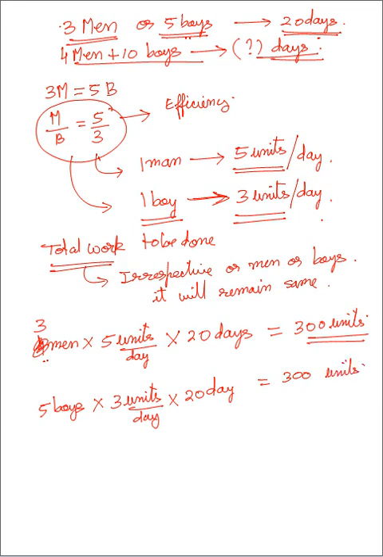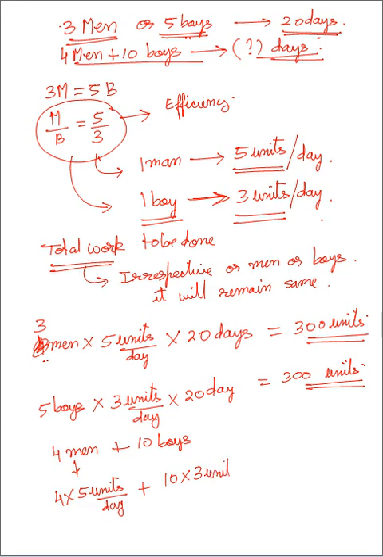Now the question is 4 men plus 10 boys. Now 4 men means 4 multiplied by the efficiency of 1 man, which is 5 units per day, plus this is 10 boys. So 10 boys multiplied by efficiency of 1 boy, which is 3 units per day.